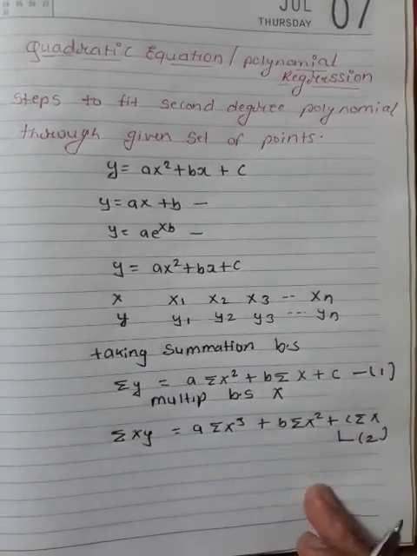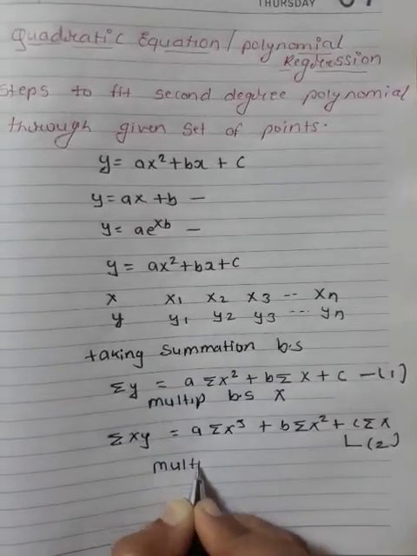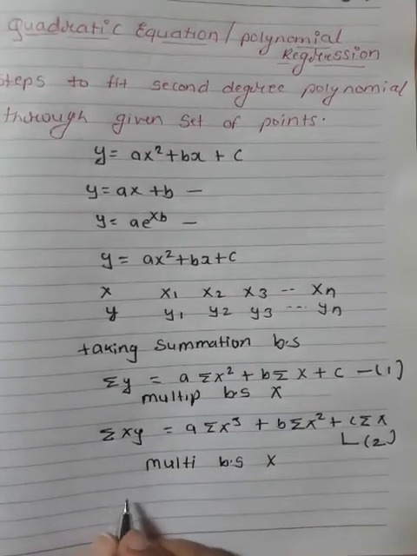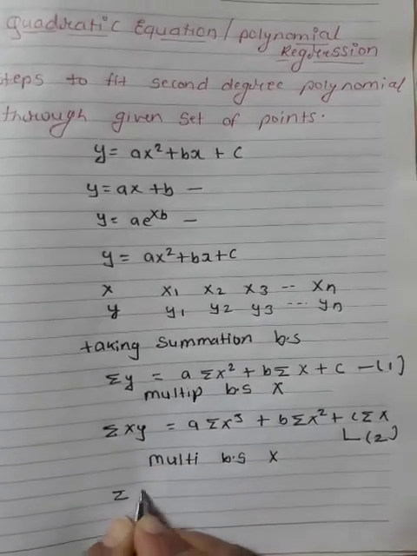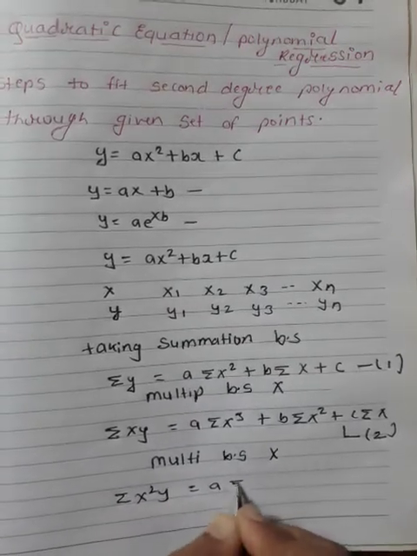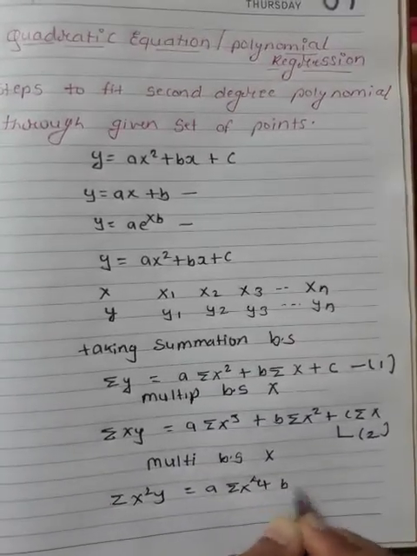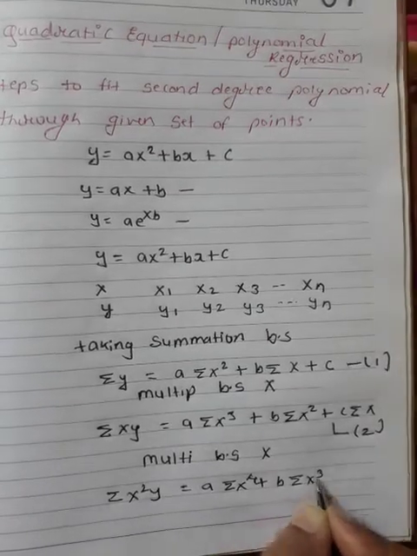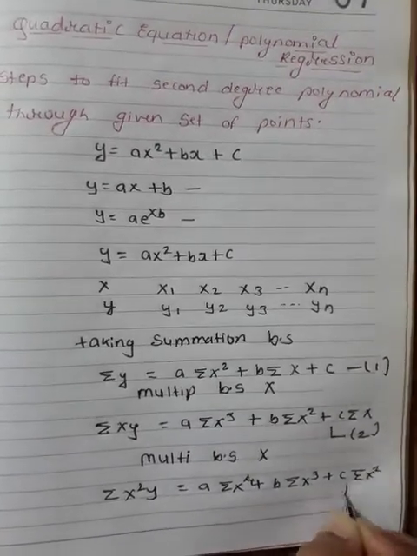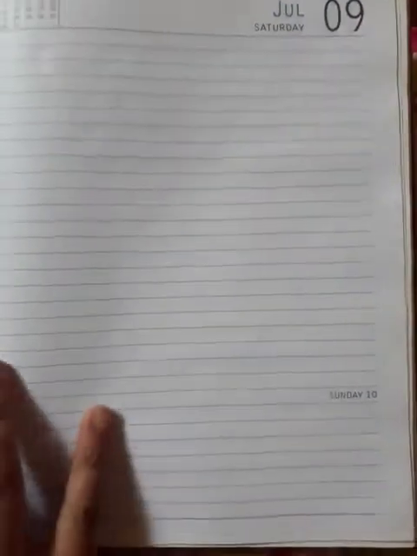Now one more time, multiply both sides by x. The equation becomes Σx²y = aΣx⁴ + bΣx³ + cΣx². In this way we have framed three different equations.